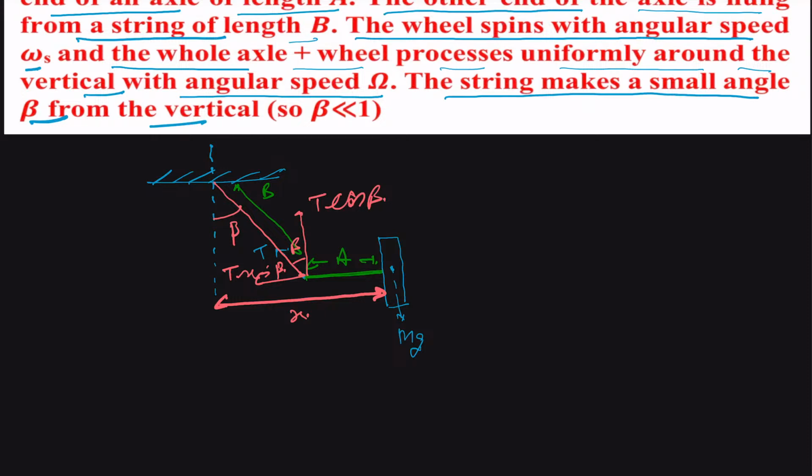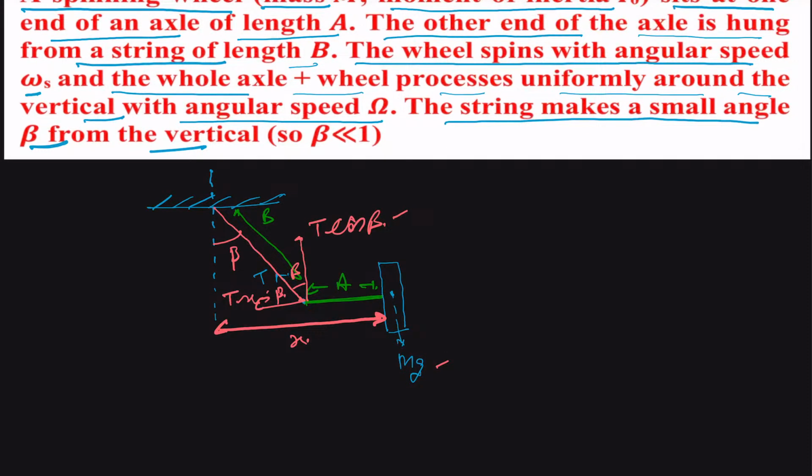The first equation will be with respect to the vertical component, a combination of T cos of beta and mg, and the other one will be the horizontal component, T sine of beta. Okay. And this system goes around, we are given that it is moving with the angular speed of omega.